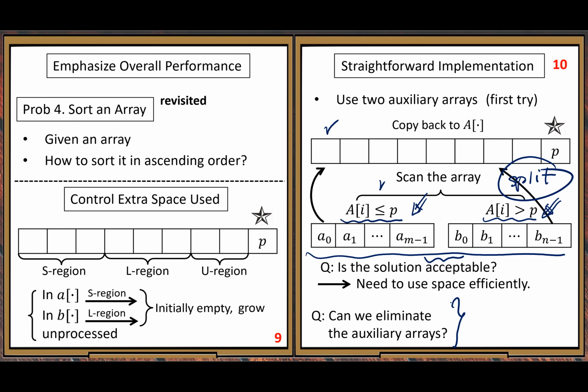Initially, the unprocessed region is the whole set of elements except P. Because P has its special role, we put it aside. At the end, the U region becomes empty. When all the elements are processed, we reach the end of the partition.